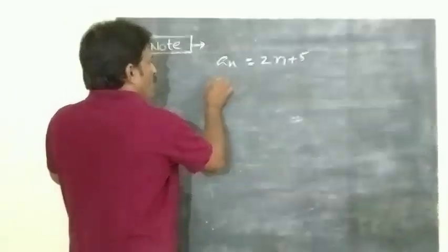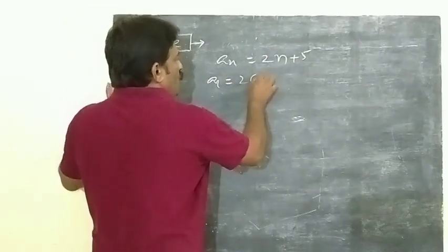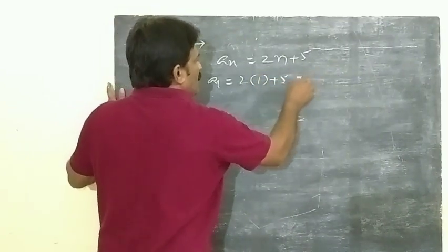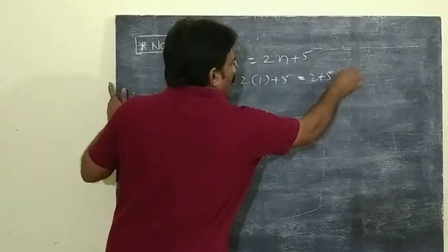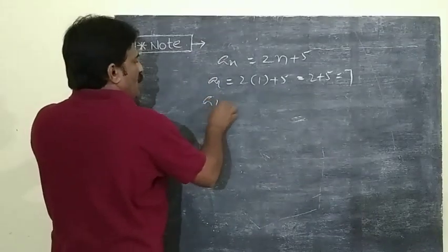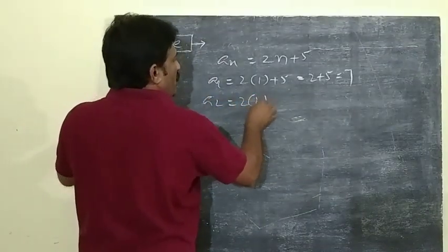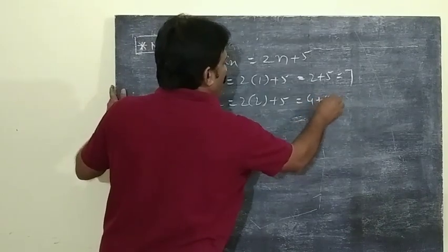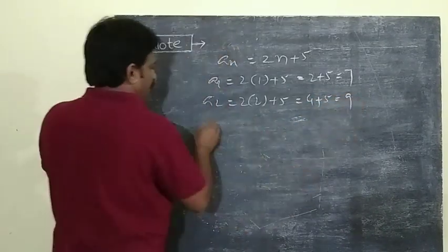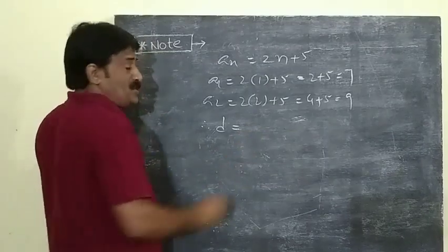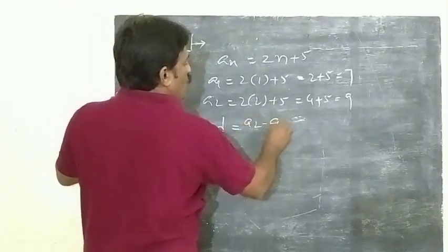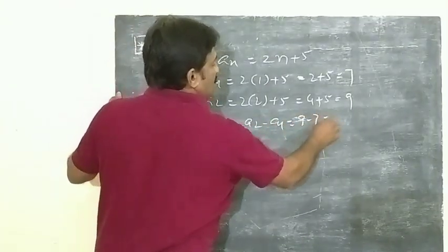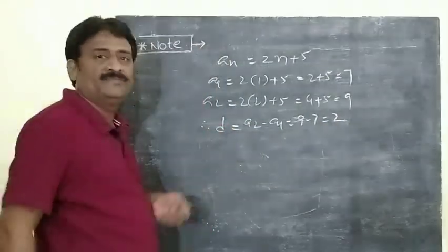Test yourself. Find a1 is equal to 2 into 1 plus 5, that is equal to 2 plus 5 is equal to 7. A2 is equal to 2 into 2 plus 5, that is equal to 4 plus 5 is equal to 9. Therefore, common difference D is equal to A2 minus A1, 9 minus 7 is equal to 2.